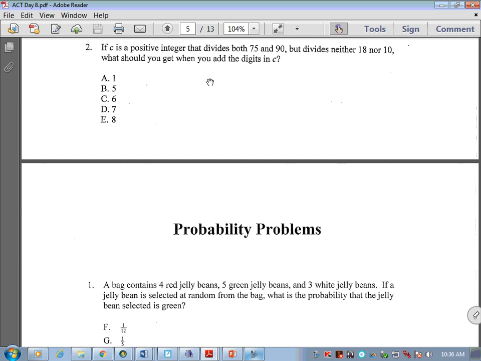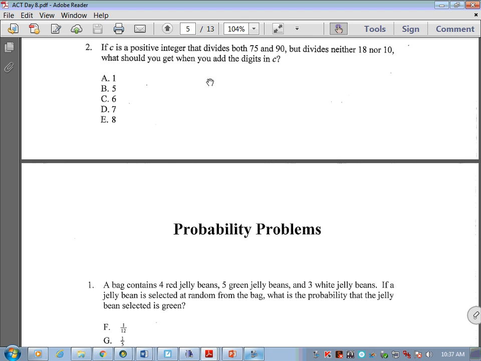All right, number 2, Lily. B. Okay, our answer should be C. If C is a positive integer that divides 75 and 90, but divides neither 18 or 10, what would you get when you add the digits in C? All right, so we're going to go through this. Again, it's easier to use the answers that they give me than to try to come up with an answer.